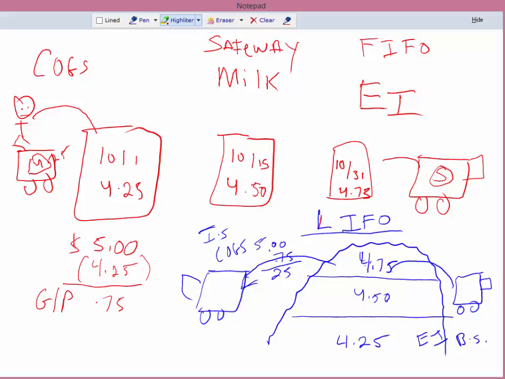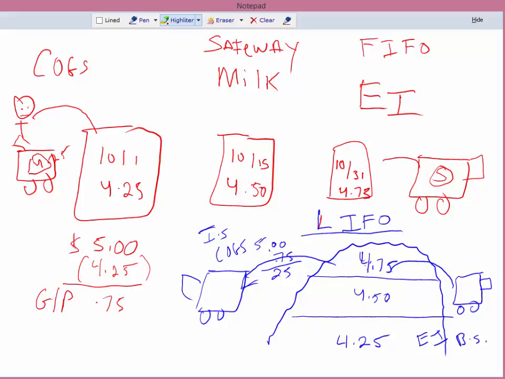These 425 ones, when we're selling them for $5, and to replace those, we're going to have to pay 475. So FIFO gives you a better look on the balance sheet, but it has an income statement distortion, doesn't it? I'm showing a higher net income, when the reality is once I sell out of those 425 ones, I'm going to have to buy new milks to replace those at 475 if I'm Safeway, right?